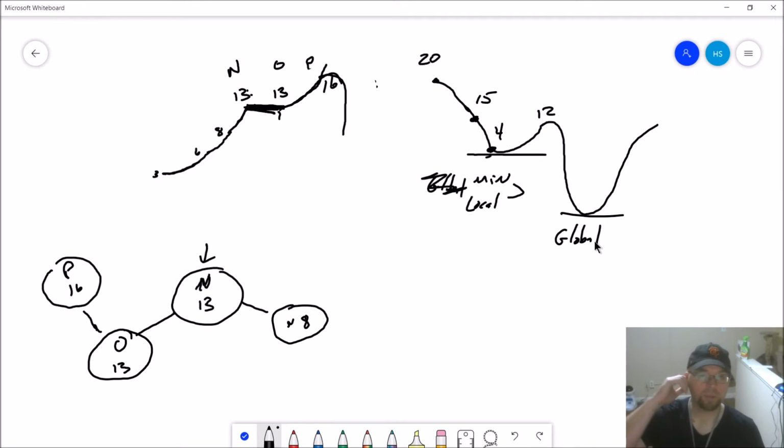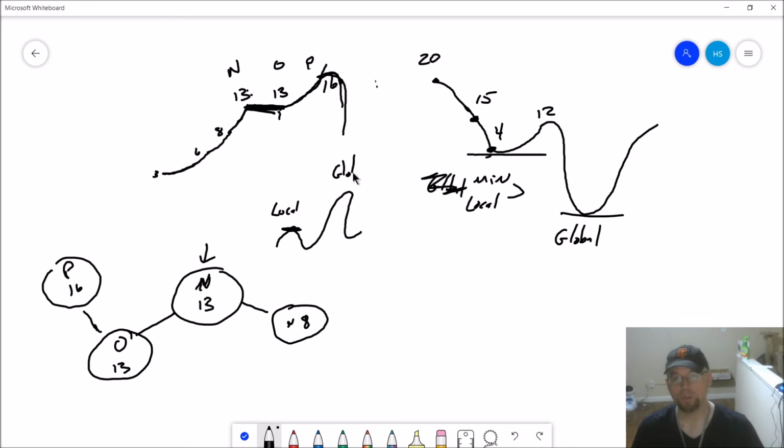So what's the difference between maximum and minimum? It's just what you're trying to do. Do you want the highest score or do you want the lowest score? That's all. So part of the struggle is, how do you deal with these shoulders? How do you maximize your chance of finding a global maximum and not settling for a local one if possible?